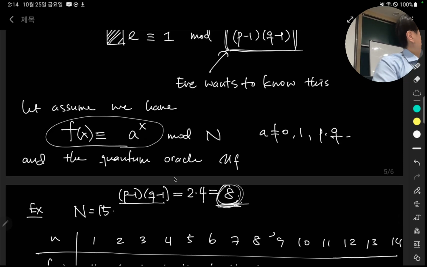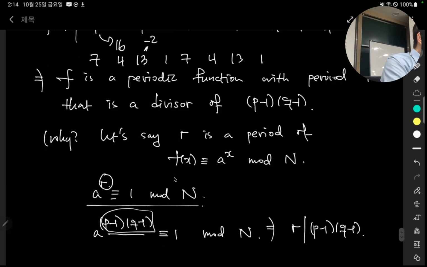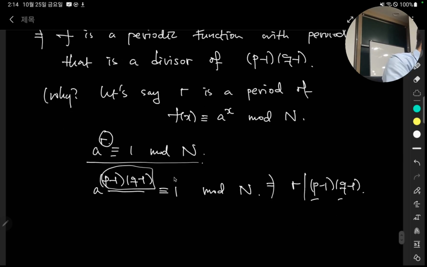And he got the period using continued fractions, all the things that we have discussed before. Got the period, and lots of periods. And what he does with this period is make up the candidates of p and q, because Eve knows that whatever value he found as a period is a divisor of p minus 1 times q minus 1.